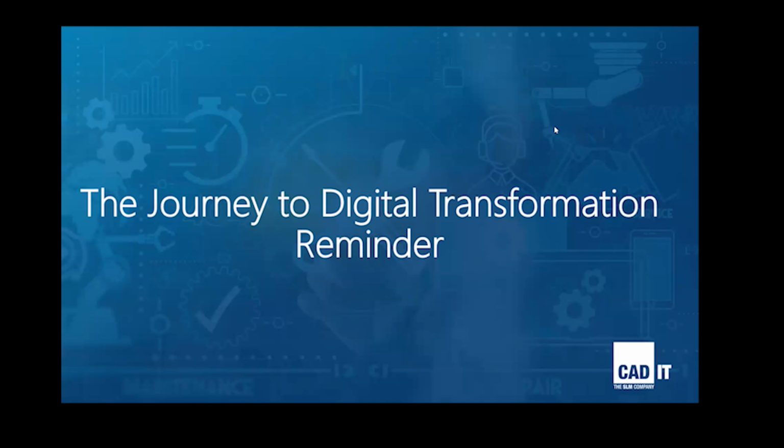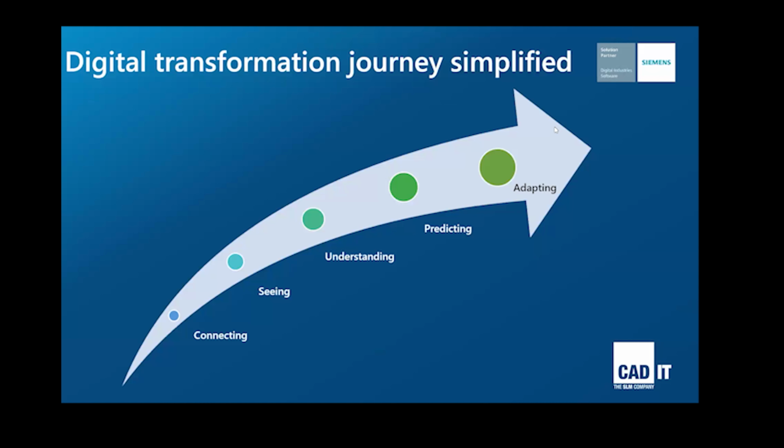First of all, a quick reminder about the simplified digital transformation journey and where this topic of equipment effectiveness sits along that journey. We're still talking about the first 3 steps on the journey, and doing these first creates a simpler path to even greater benefits as your people and processes adapt to the change.